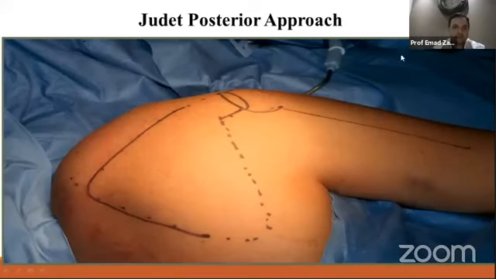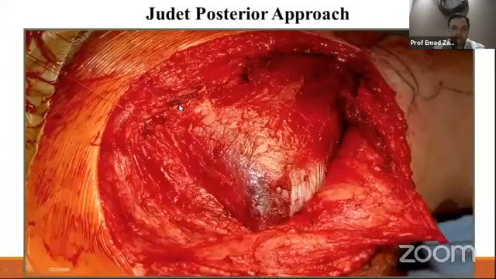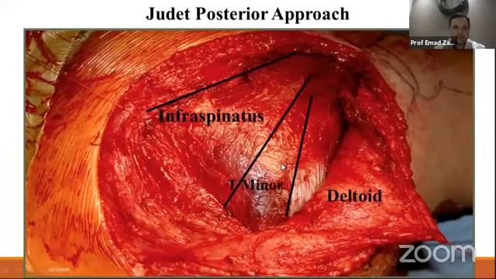Here we define the scapular spine, and this is the infraspinatus here, and this is the teres, this is the deltoid. So we go through the interval between infraspinatus and the teres minor.